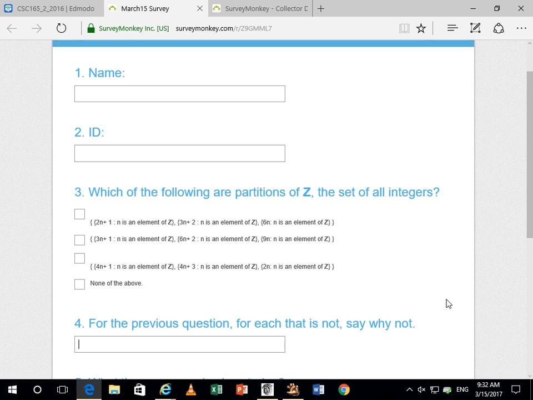Do you have 5 minutes remaining? If you finish, just relax, or you can read ahead on the notes.